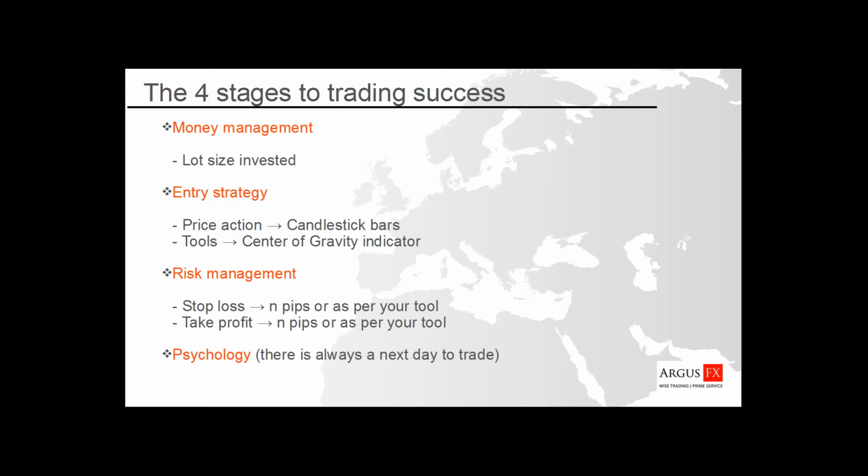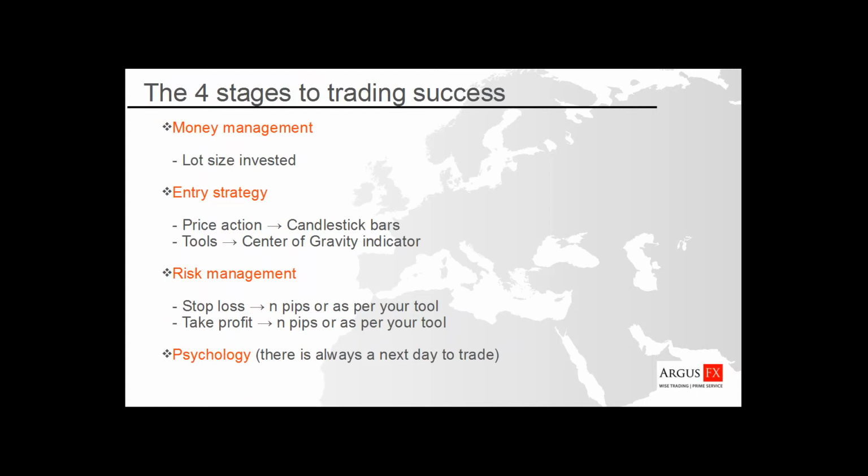In other words, you should decide the number of pips at which you will exit should your trade go wrong, and the number of pips at which you would exit should your trade be right. And the most important of all is the psychological stage. Many people trade so much, they place so much volume on a trade, lot size.